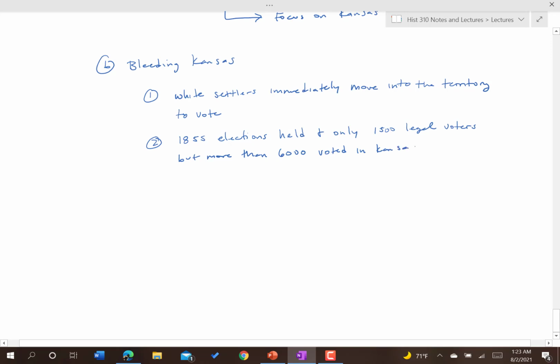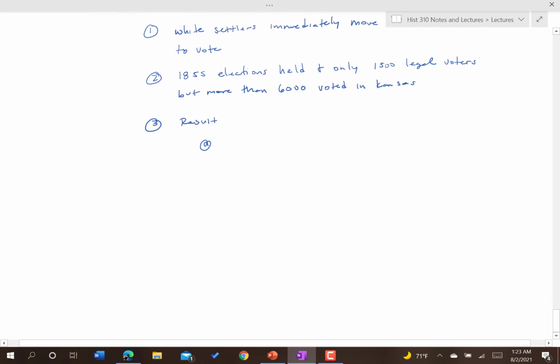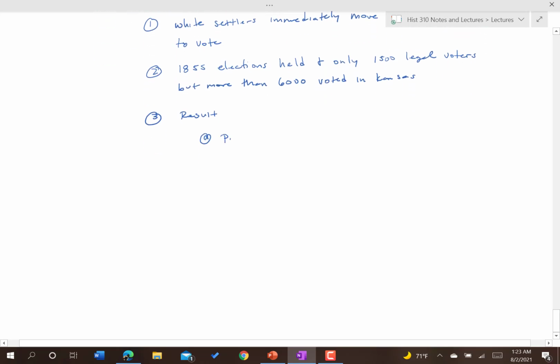So, right, the whole popular sovereignty will work clearly didn't. What ends up happening then, the result is that pro-slavery forces technically won, I guess. They won based on over 6,000 people voting that didn't live in the area.